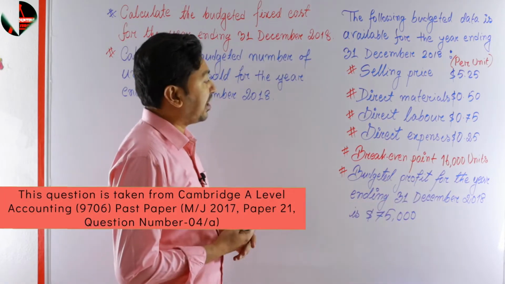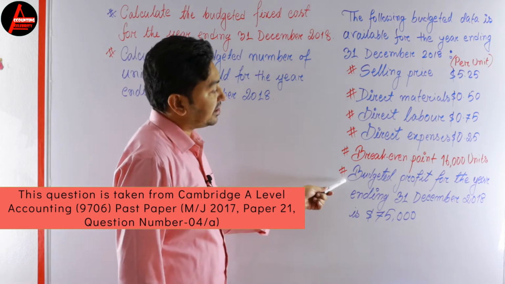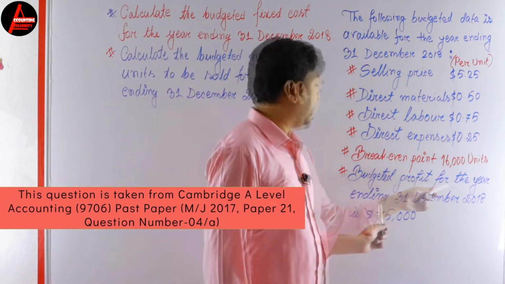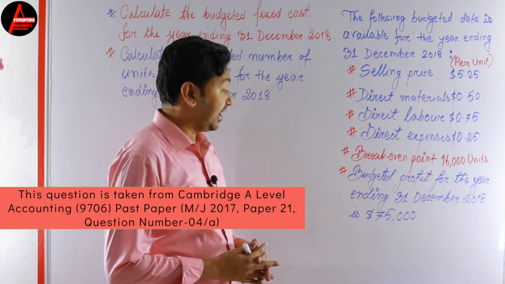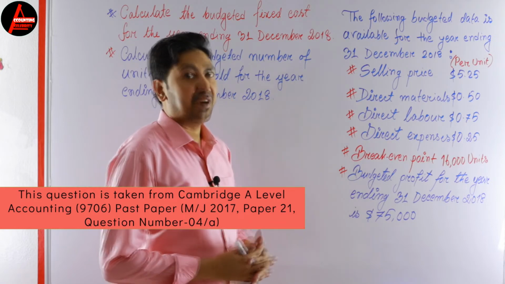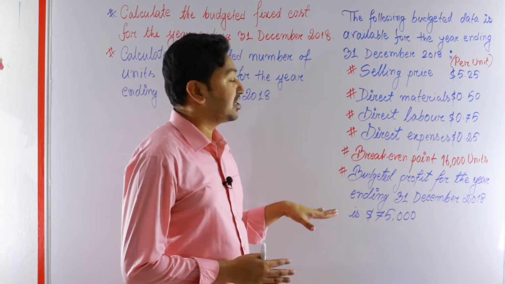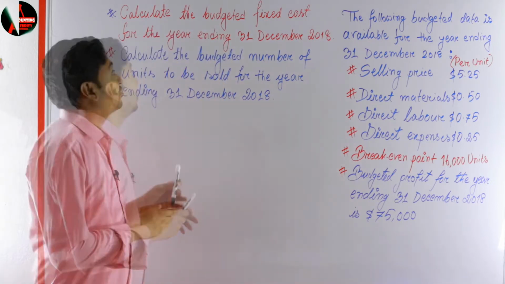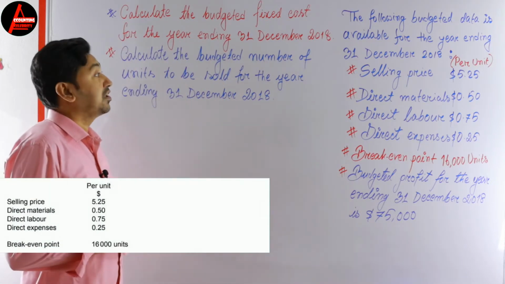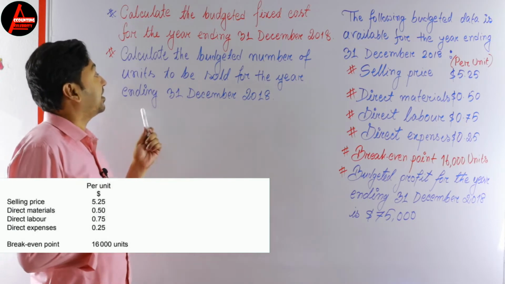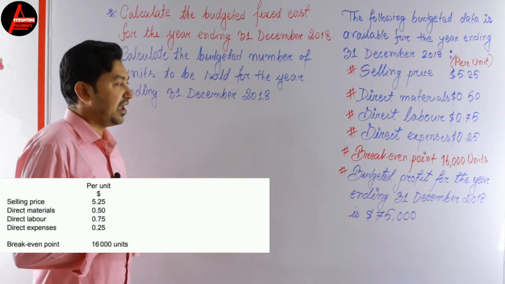Okay, then what we have here is written budgeted profit for the year ending 31st December 2018 is $75,000. Okay, so from this information we have here requirement to calculate the number of units to be sold for the year ending 31st December 2018.